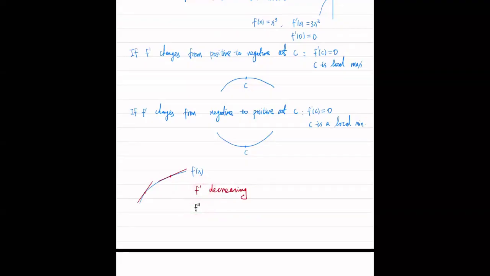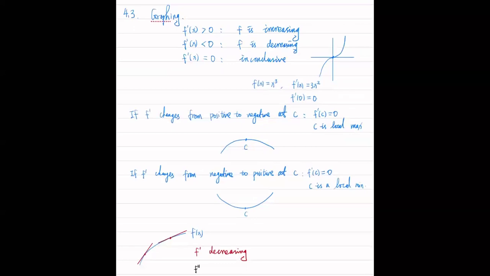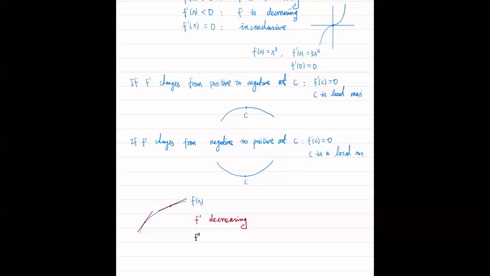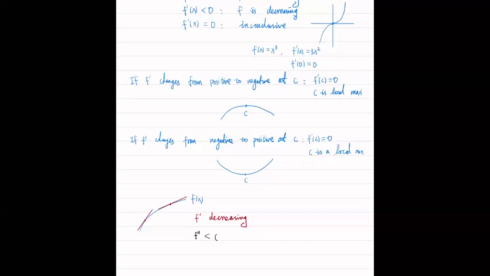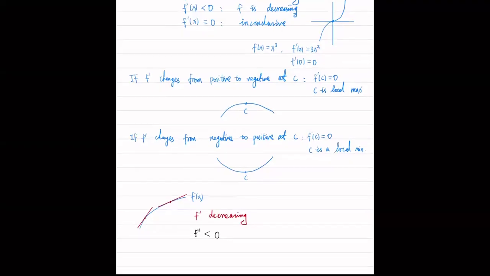So if we copy the story over there, for this decreasing, the derivative is negative. The derivative of this is negative. So the conclusion is, let's compare with another picture, where the derivative is increasing. See what's the difference?